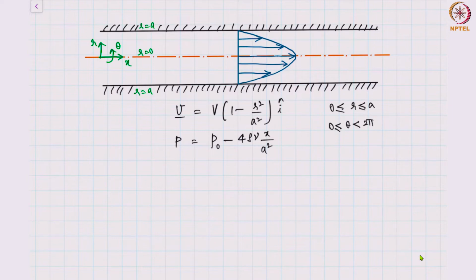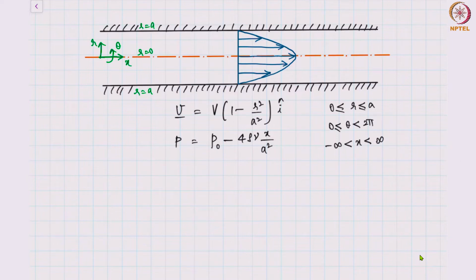Pipe flows are an exception, but most flows, as we increase the Reynolds number, become turbulent. Now, if it's a long pipe and the flow has forgotten the initial condition, then you can essentially say x goes from minus infinity to plus infinity.